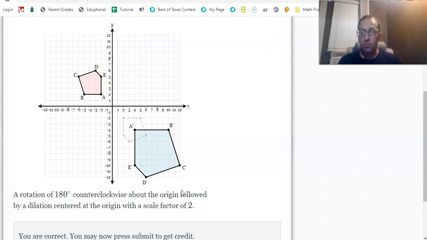Notice, look at all of your rules. The rules for reflection and rotation and dilation, those are all kind of a multiplication rule, right? But the translation, that's adding and subtracting. So you want to do your multiplication, you want to do reflection, rotation, dilation first, and then you want to do the translation.